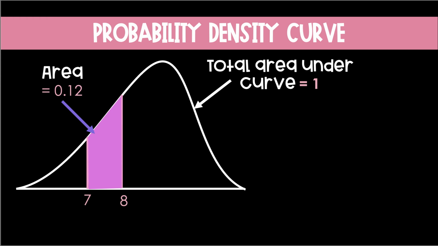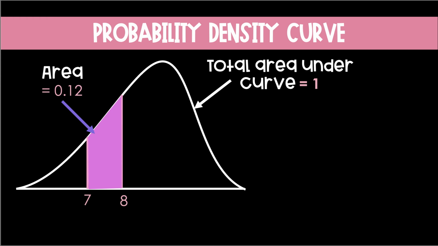If we're looking for the proportion of the population between 7 and 8, it's just the area under the curve between those two values. We have 12% of the population falling between 7 and 8, or in decimal form, 0.12.